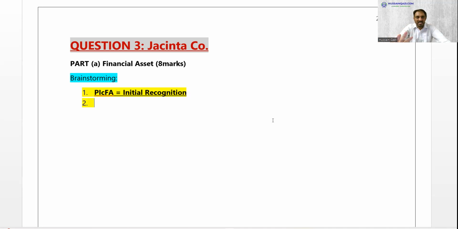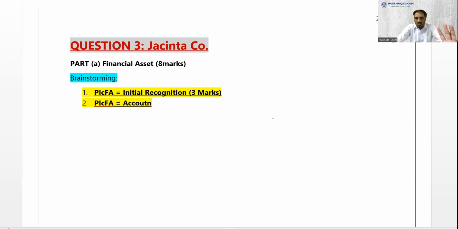First, you have to incorporate the initial recognition. Then accounting. For initial recognition, it's very simple. Just mention the concept and you are able to get 3 marks.